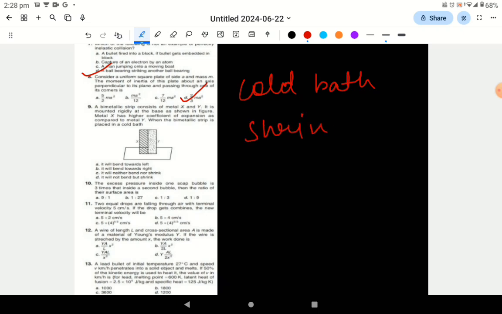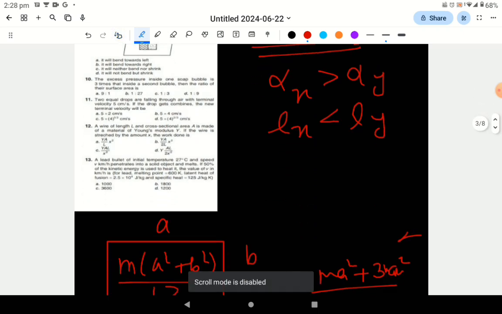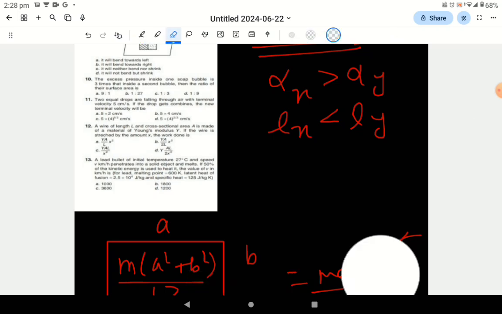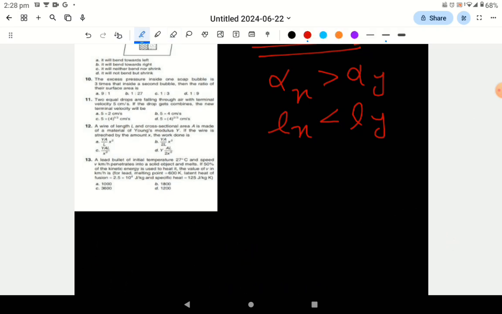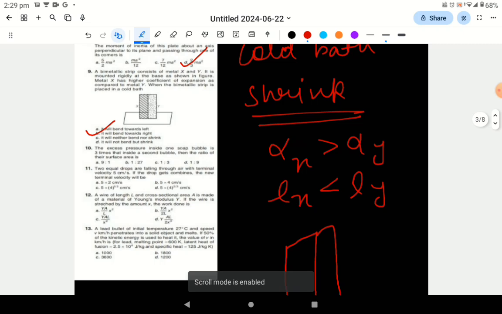And as alpha x is greater than alpha y, the length of x will be less than the length of y. So it will eventually look like this: this is getting shorter and this will be a bit bigger, which eventually turns like this. This will be x and this will be y. So it will bend towards the left, which is option A.